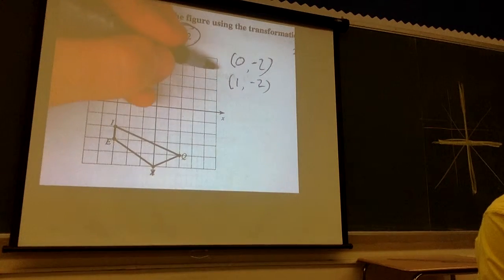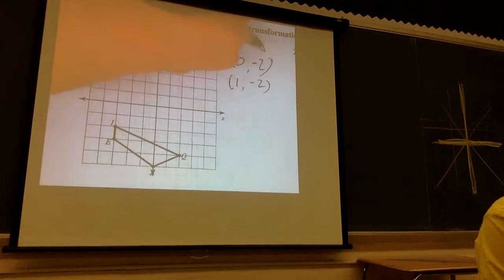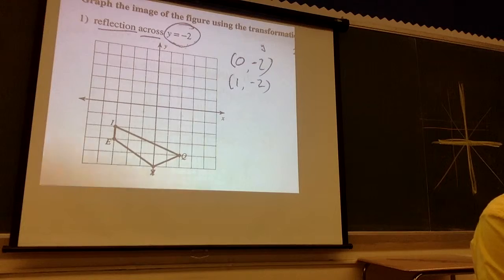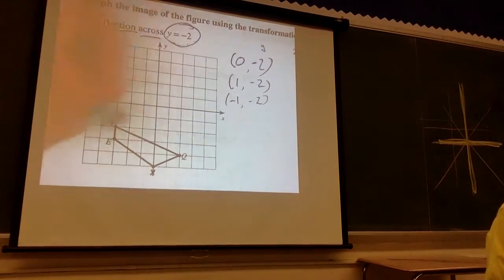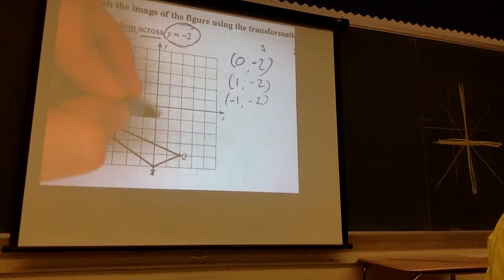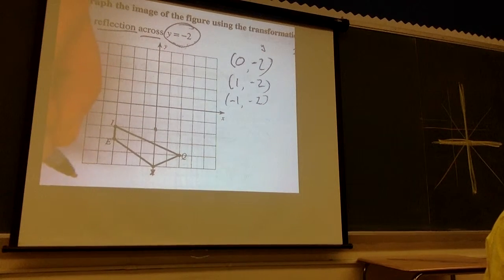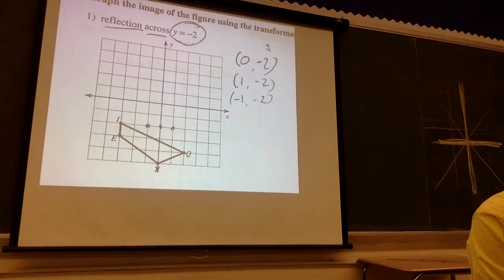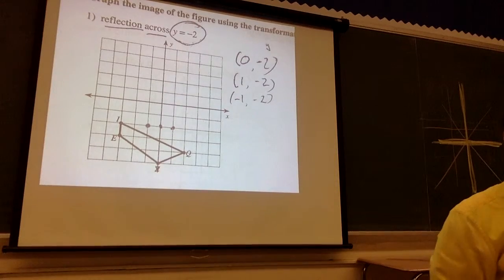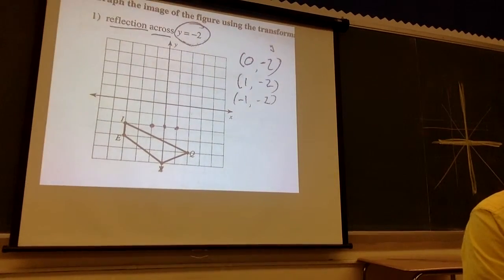It doesn't matter what my x's are as long as my y coordinate is always -2. Let me put one more in there. How about -1, -2? So if I start plotting these points, 0, -2, 1, -2, and -1, -2, I'm starting to draw my line. That is exactly what line y equals -2 is.